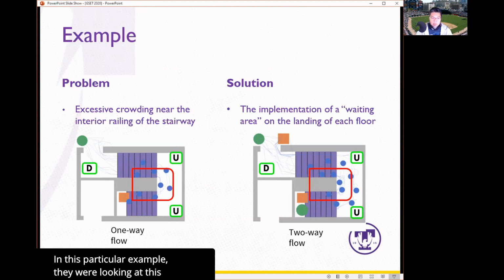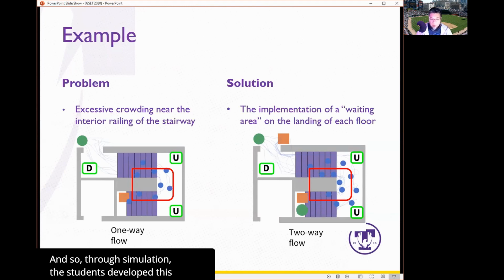In this particular example, they were looking at this problem of excessive crowding near the interior railing of the stairway. It's natural to move up and down the stairs in this way, and so they were trying to find a solution to prevent excessive crowding.